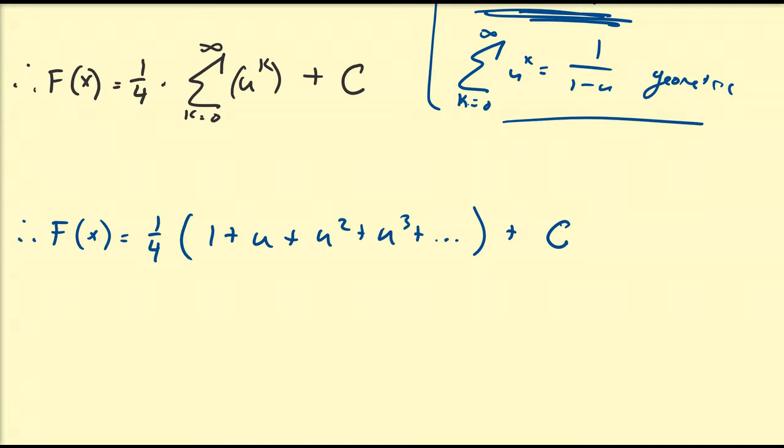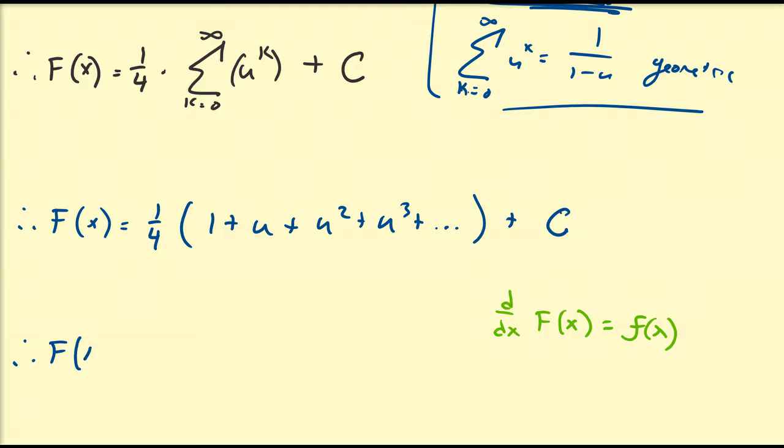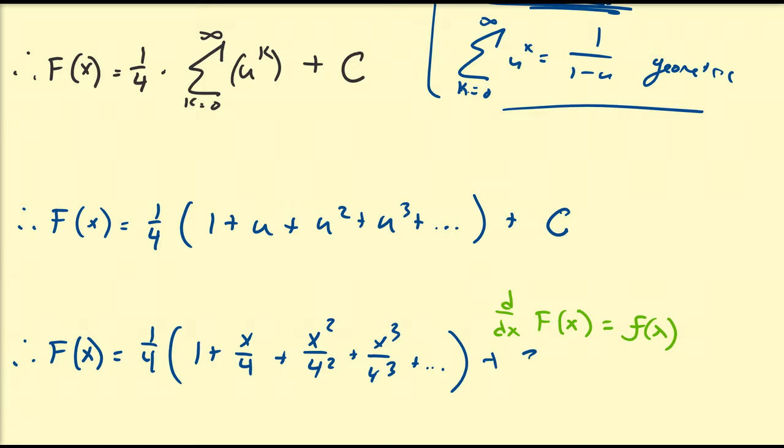We already verified that the derivative of capital F is equal to little f of x. So back with our definition, u is equal to x over 4. So F of x is equal to 1/4 times 1 plus x over 4 plus x squared over 4 squared plus x cubed over 4 cubed plus and so on, plus c.